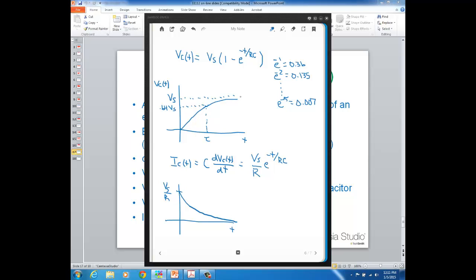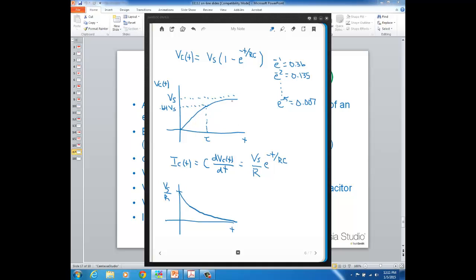Once we reach that 99.3% level, we just say that we're there. In theory, you might remember from your math that this type of curve is asymptotic, where you don't reach the final value until t equal to infinity. But in practice we'll just say at 5 time constants, we're at the final value, we're at steady state.